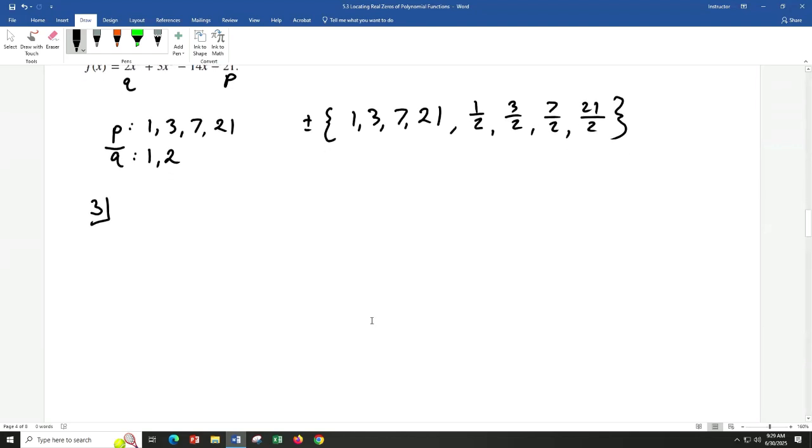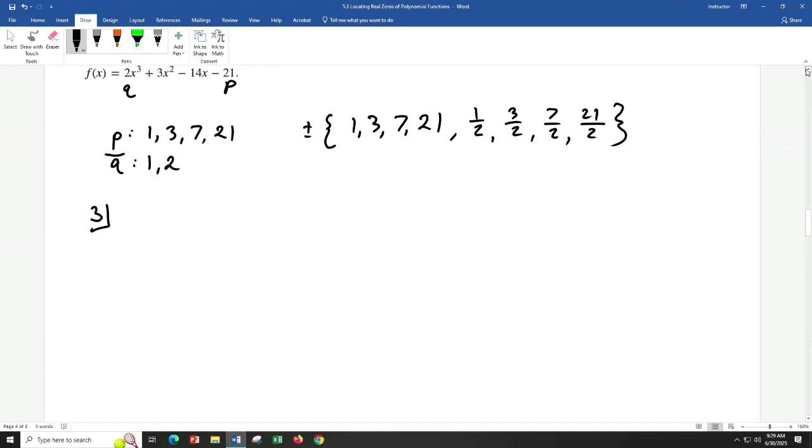Okay, so I come in here, I'm looking for my upper bound. I'm going to do my synthetic division. Let me go up a little bit so I can see that. And I just write down my 2, my 3, my negative 14, and then my negative 21. Give myself my freebie and then just start doing the math. This is going to give me a 6, a 9, an 18, and a 4. 4 times 3 is what? 12.